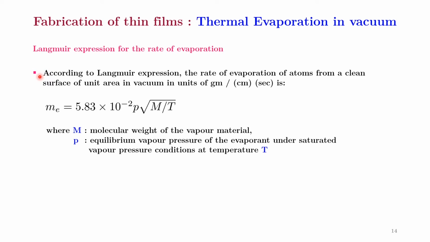According to the Langmuir expression, the rate of evaporation of atoms from a clean surface of unit area in vacuum, in units of gram per centimeter square per second, is Me equal to 5.83 times 10⁻² P times square root of m divided by T, where m is the molecular weight of the vapor material and P is the equilibrium vapor pressure of the evaporant under saturated vapor pressure conditions at temperature T.